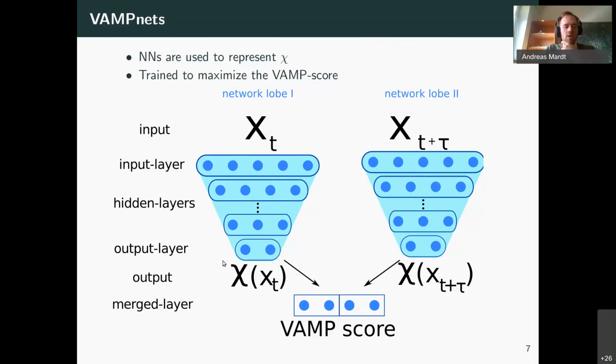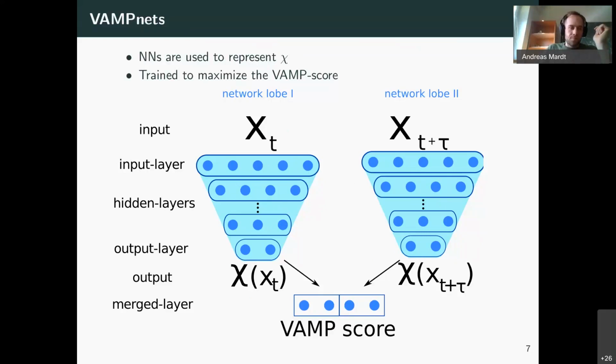We transform our data with this neural network and call it chi of x of t. And we also calculate it for the time-lagged data, estimate the score here, and then we can take the gradient with respect to the weights in the neural network and update our neural network to increase the VAMP score, and by that approximate the Koopman operator better.